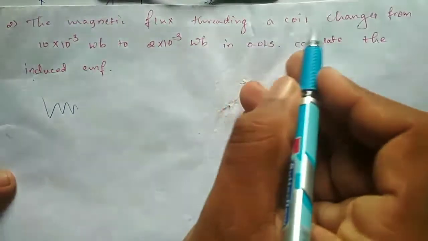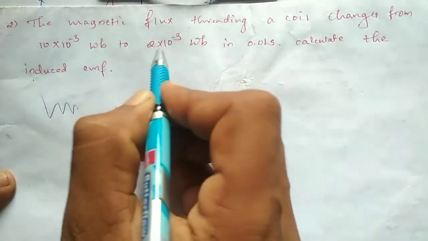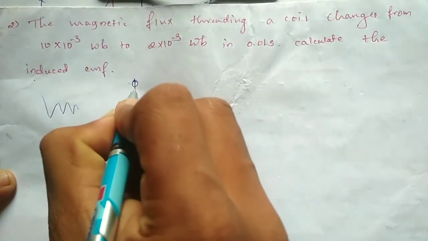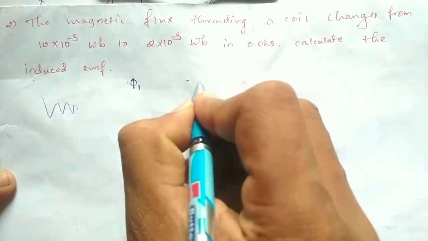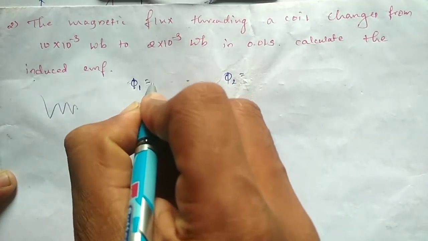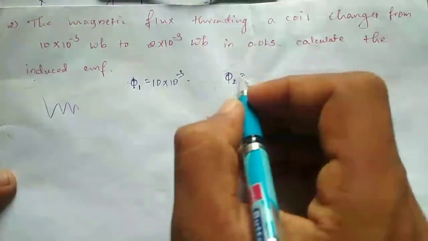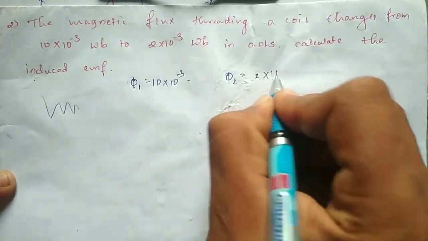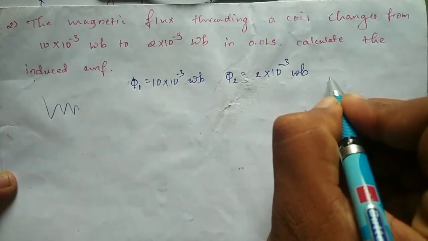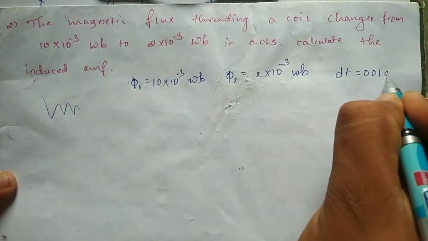They gave the magnetic flux phi1 and phi2. Phi1 is 10 into 10 to the power minus 3 Weber, and phi2 is 2 into 10 to the power minus 3 Weber, and the change in time is 0.01 second.